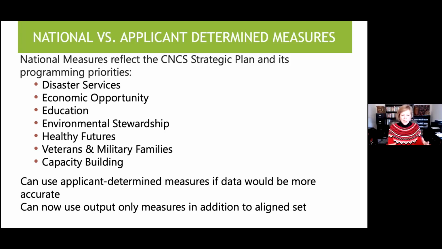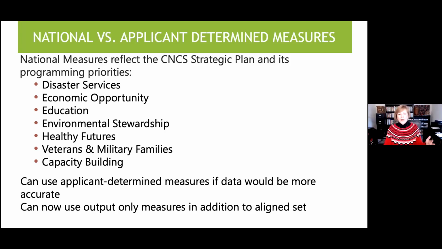It used to be really strict. If you use this national measure output, you have to use this national measure outcome. And again, they've backed off that. If the outcome doesn't really match what your program's doing, you can use a national measure for your output and have an applicant determined measure for your outcome.